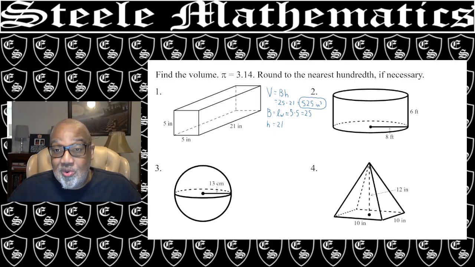So number two, we have a cylinder. Therefore, you would use the formula volume equals the area of the base times the height. Now the base is shaped like a circle. So therefore you would use the circle area formula, which is pi times r squared. This is 3.14 times 8 squared.